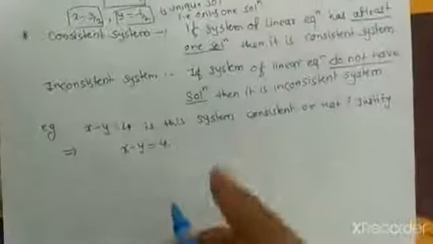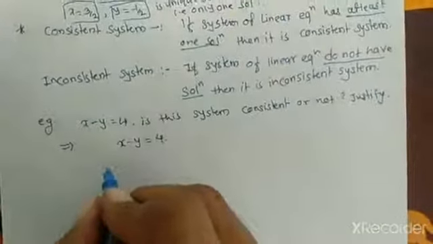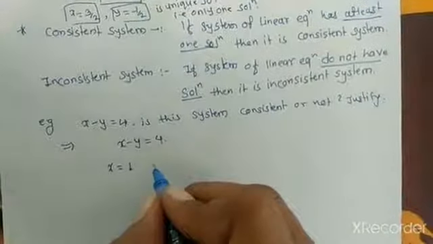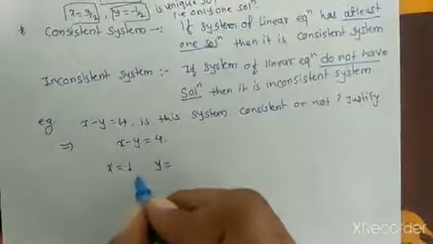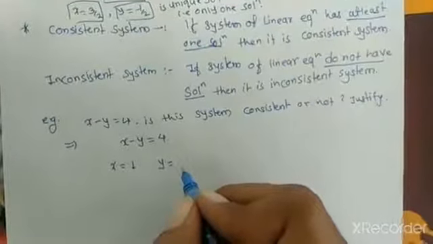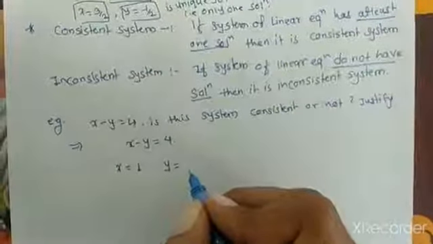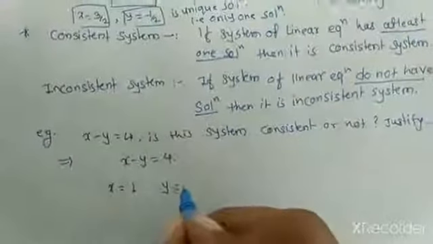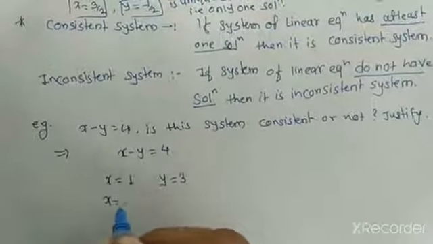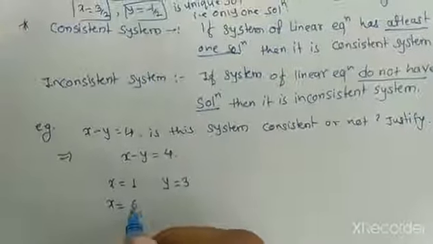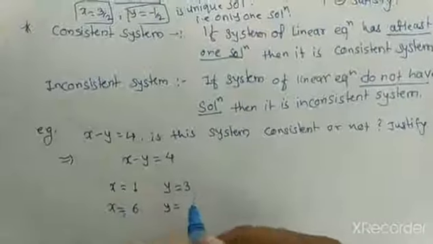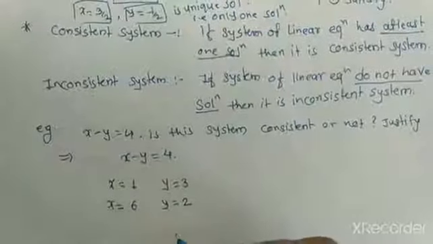Okay, if you take the first solution as x is equal to 1, what should be the value of y? y is equal to -3. Next, if you consider x is equal to 6, then y will be 6 minus 4, which is 2.